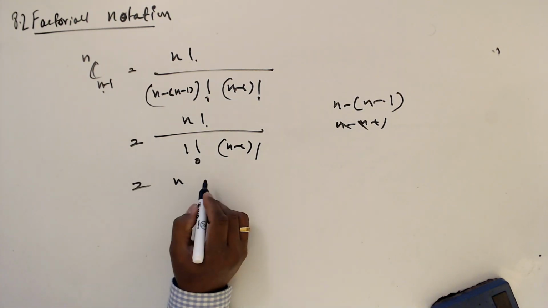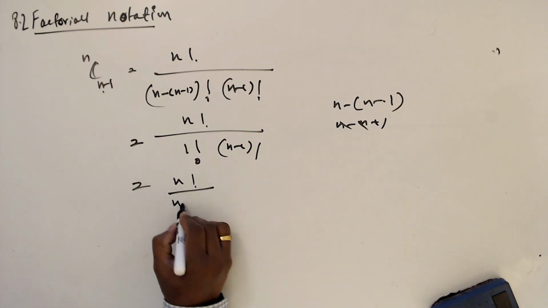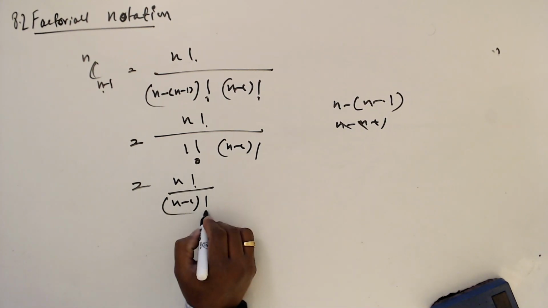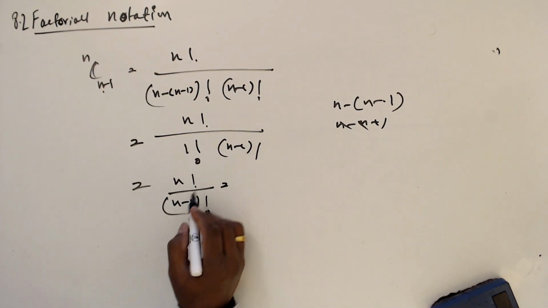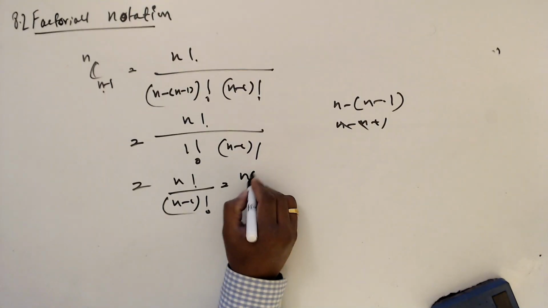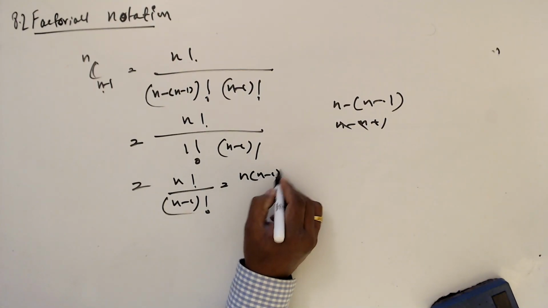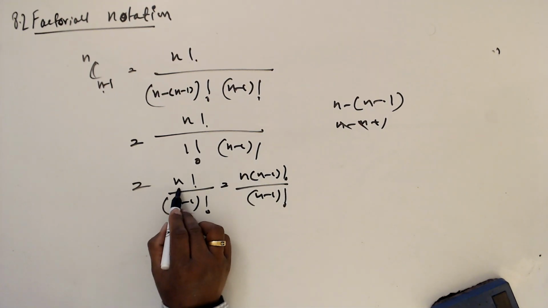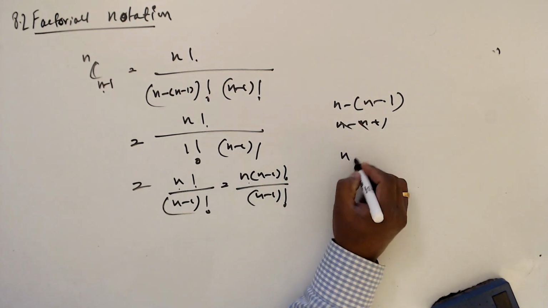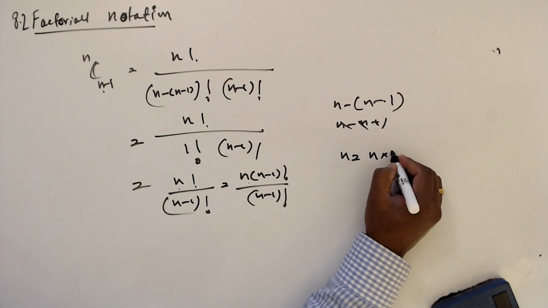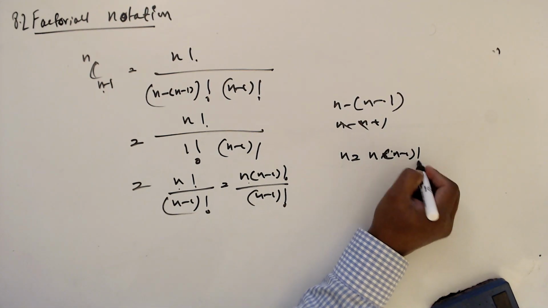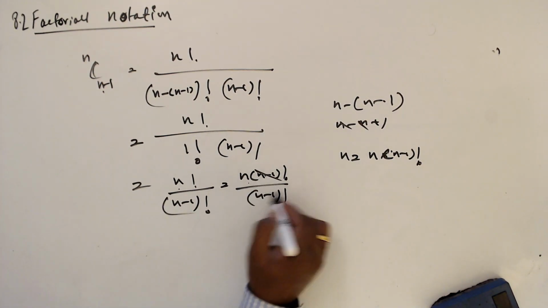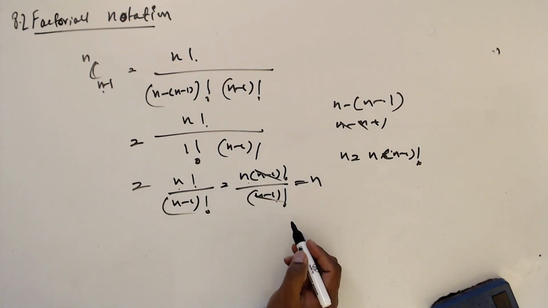So factorial n over n minus 1 factorial. Now I have to use the theory: factorial n I write in terms of this one, n times n minus 1 factorial. Now this cancels out, and its answer is n.